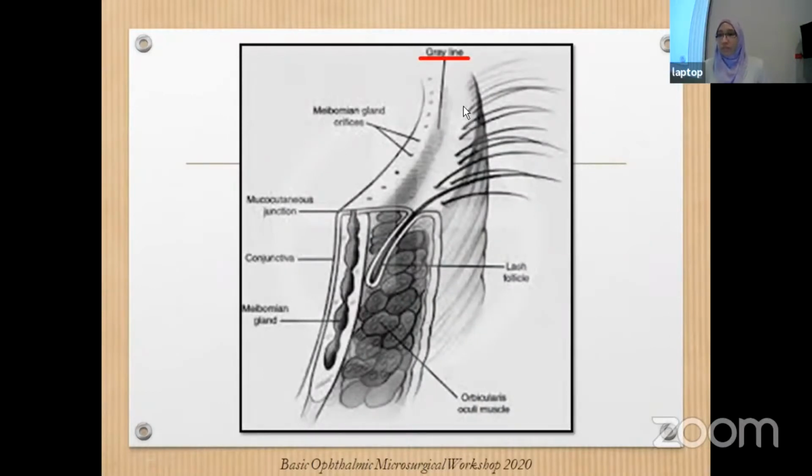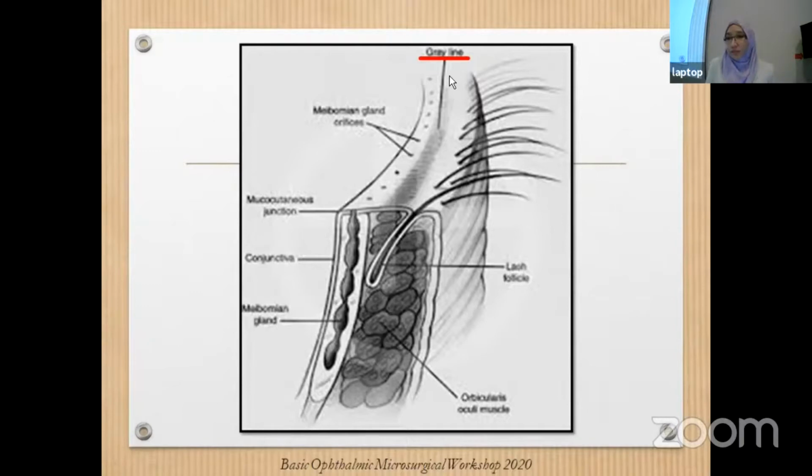The most important thing, for example, in eyelid laceration involving the lid margin, you must identify the grey line. Where is the grey line? From outermost to innermost, this is the row of eyelashes. The grey line is located in between the row of eyelashes and the meibomian gland orifices.